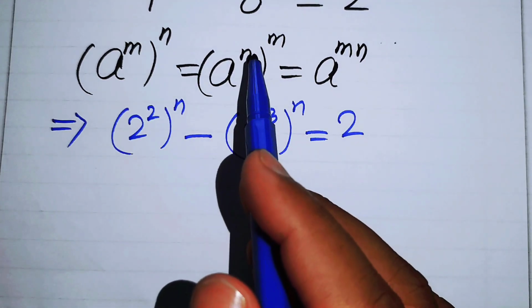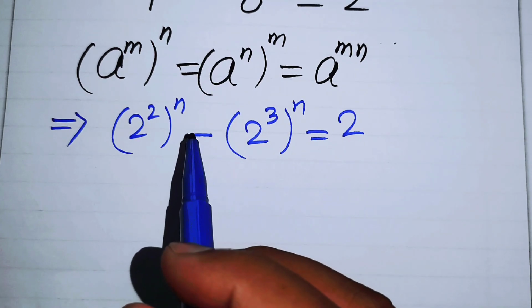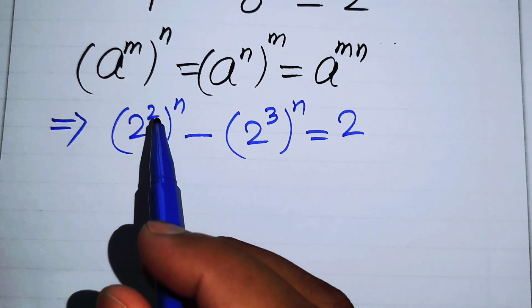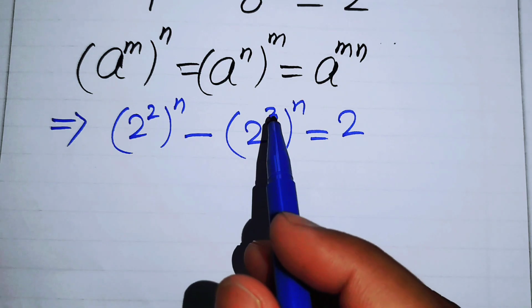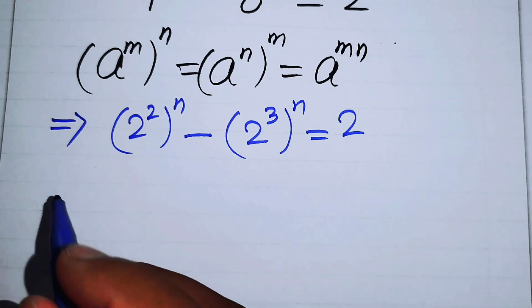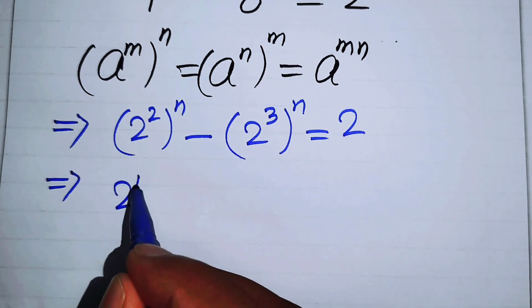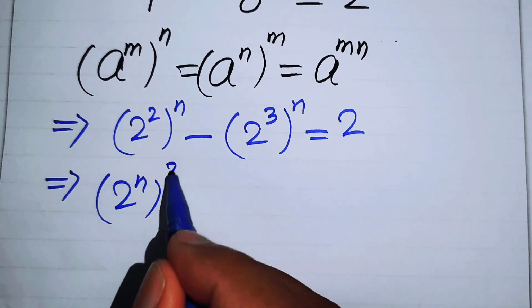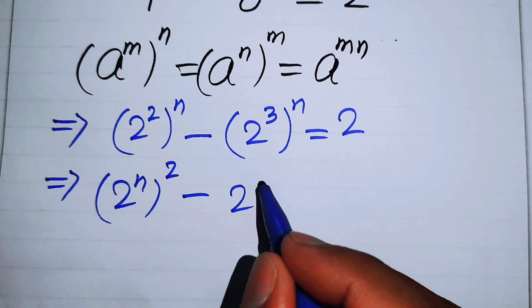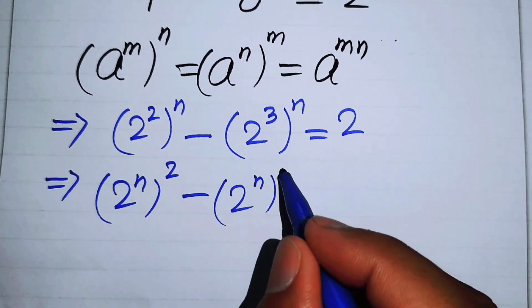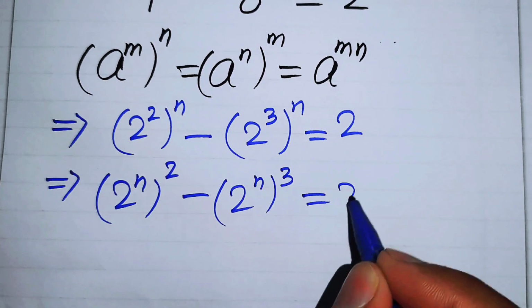And now we can apply this nice exponential law and just interchange these two exponents, so that you get the output in the form of 2 to the power of n and its whole squared minus 2 to the power of n and its cubed is equal to 2.